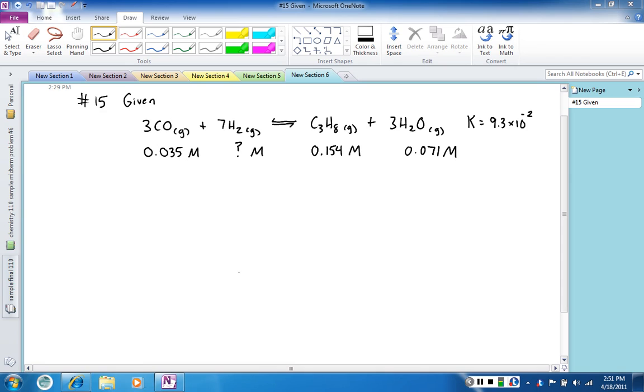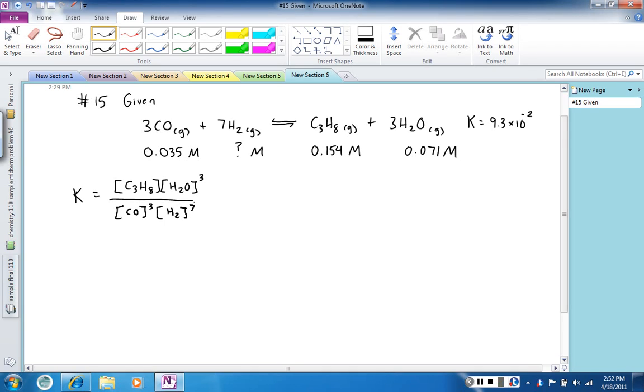First step is setting up your equilibrium expression. K equals concentration of products over reactants, so we have concentration of C3H8 times concentration of H2O, and that's going to be cubed, over concentration of CO cubed, and concentration of H2 to the 7th.